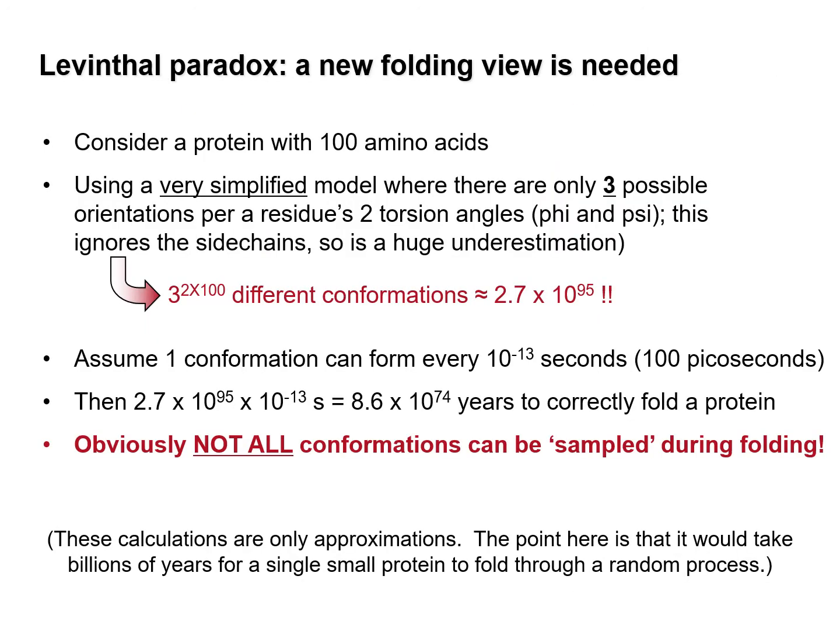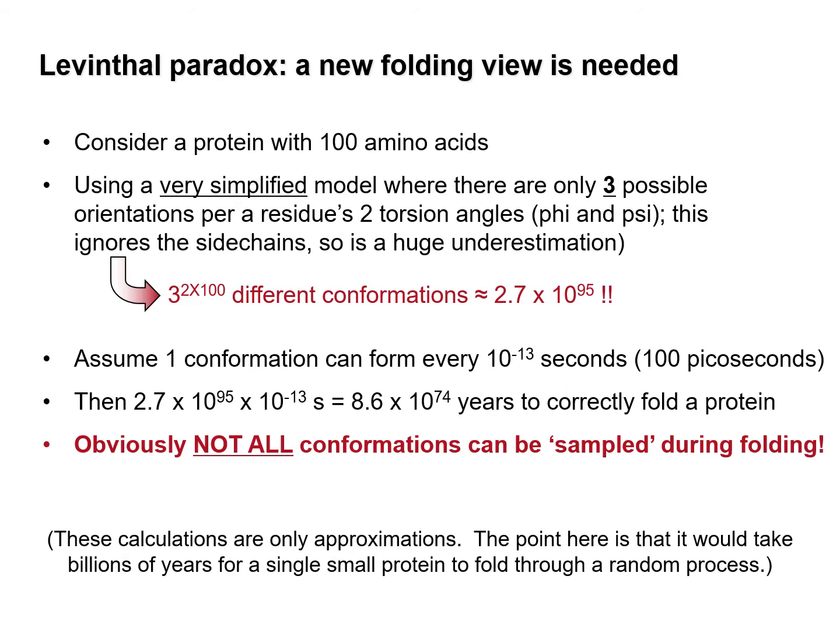Now let's talk more about the Levinthal paradox, where it shows the difference between a thought experiment, like I explained, with all the amino acid residues finding their best conformation by themselves, which can take time, and the actual protein folding in vitro and in vivo, which takes a much shorter time.